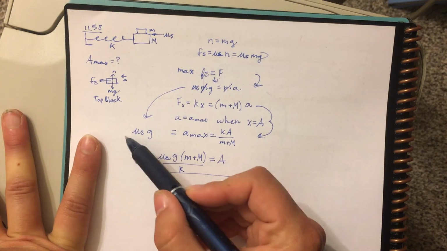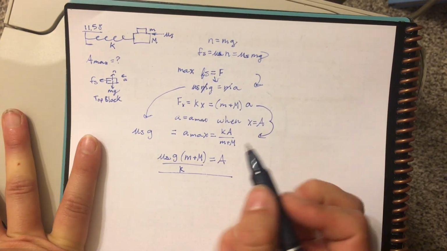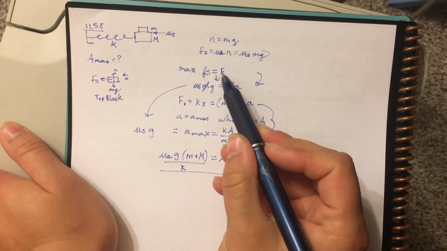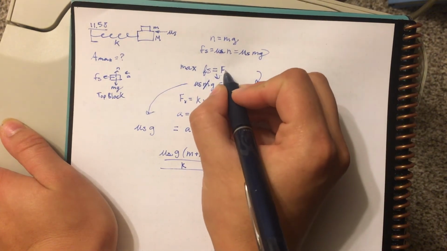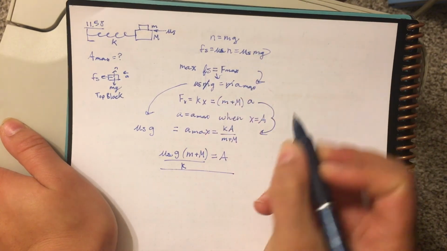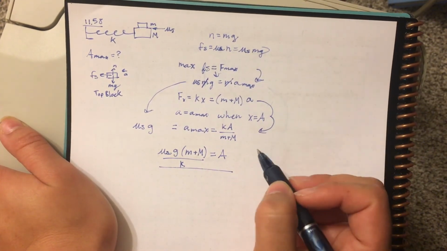And so now you have mu sub S g equals acceleration. Right, and so you know that force max is here. You don't need to write that, but just so that you know the acceleration is the maximum.